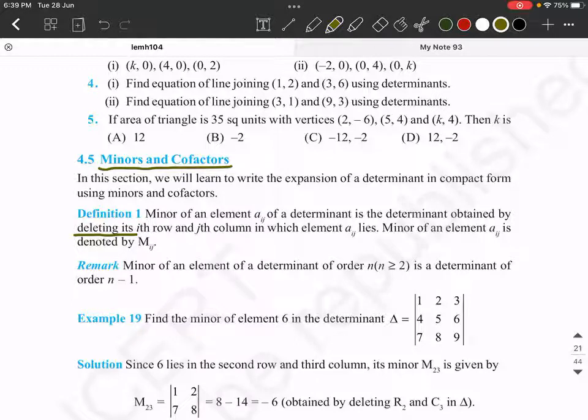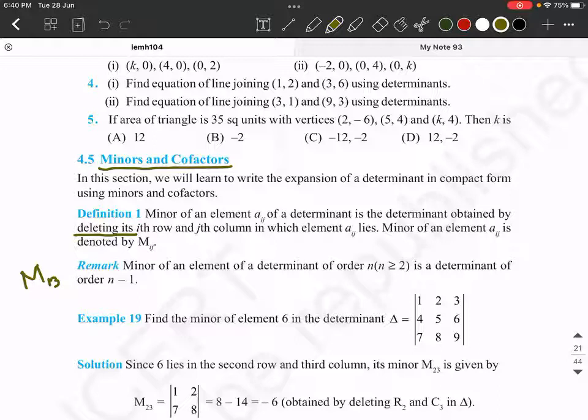That's called a minor, and it is represented with a capital M, and there is a subscript associated with it. The subscript is the i and the j of that particular element. If the element belongs to the first row and the third column, you write it as minor of element 1, 3.